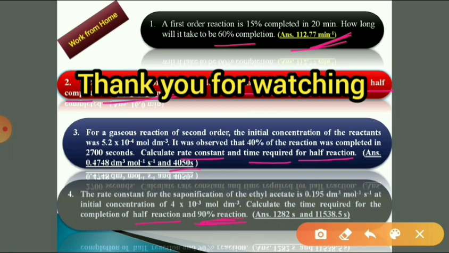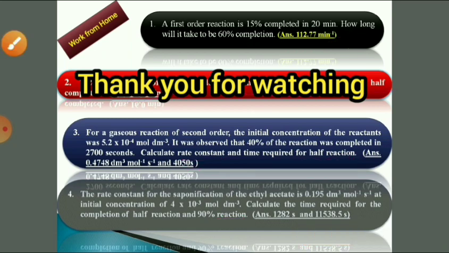It is again a second order reaction. The answers are 1282 seconds for half time, and for 90% it is 11,538.5 seconds. So these are the problems for your homework.